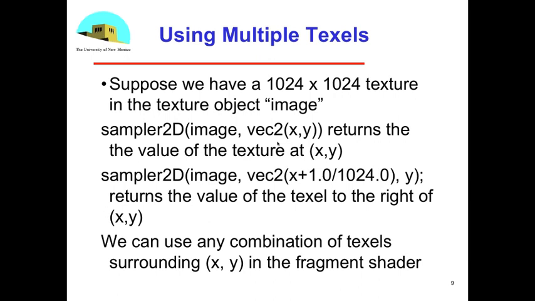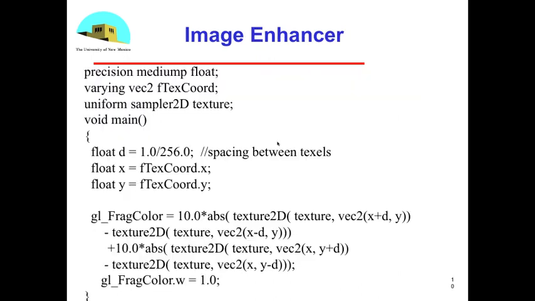So if any point within that texture is available to me, then I can do some operations that combine values of that single image or texture map at various locations. So here's an image enhancer. This is a very, very simple one.